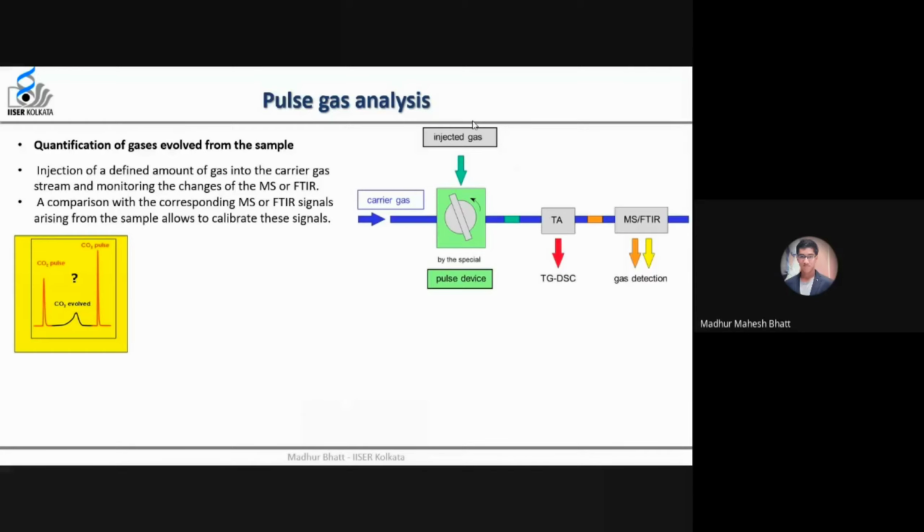Even that gets characterized. So we know how much gas we have put inside, and using that we can calibrate the graph, and we know how much gas is evolved from the sample that we have heated.